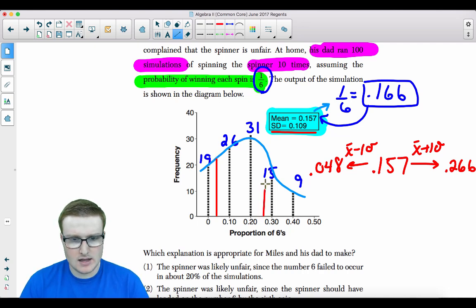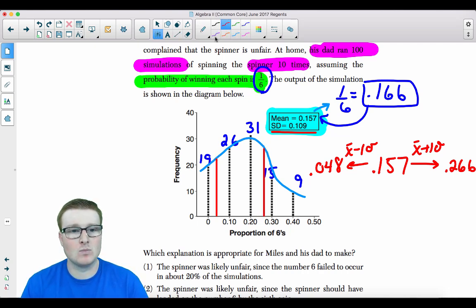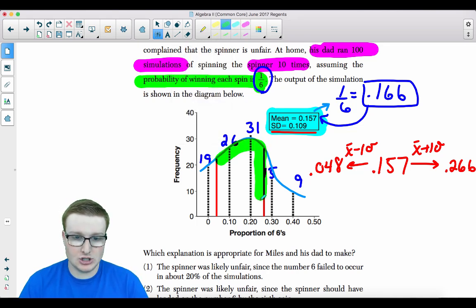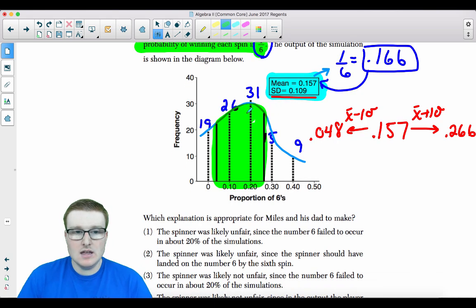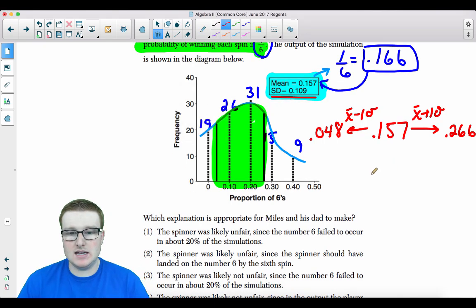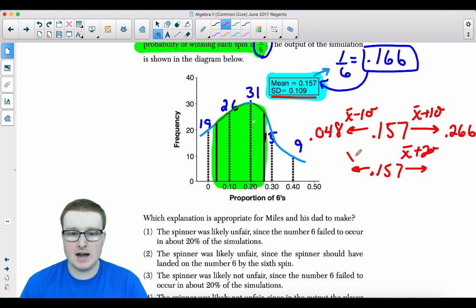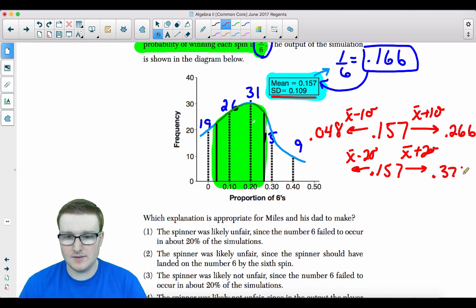Now, if you're noticing very quickly what I'm noticing, you're on the right track. This shaded region is 1 standard deviation. Okay? So, if you then take the mean, 0.157, and go to the mean plus 2 standard deviations, and you go backwards, the mean minus two standard deviations, you get the answers of 0.375 and 0.